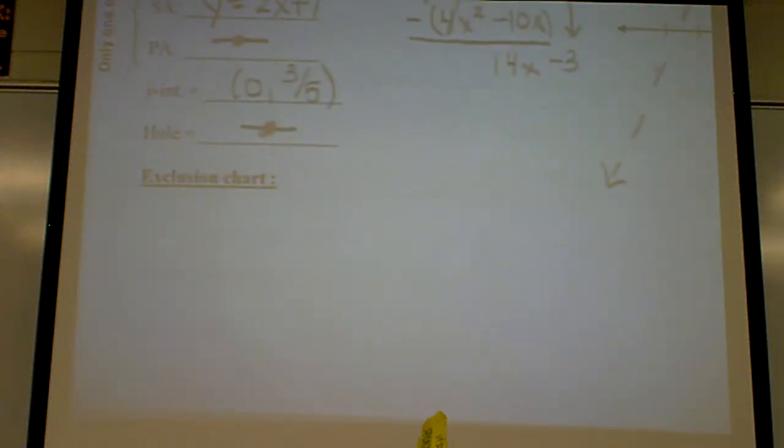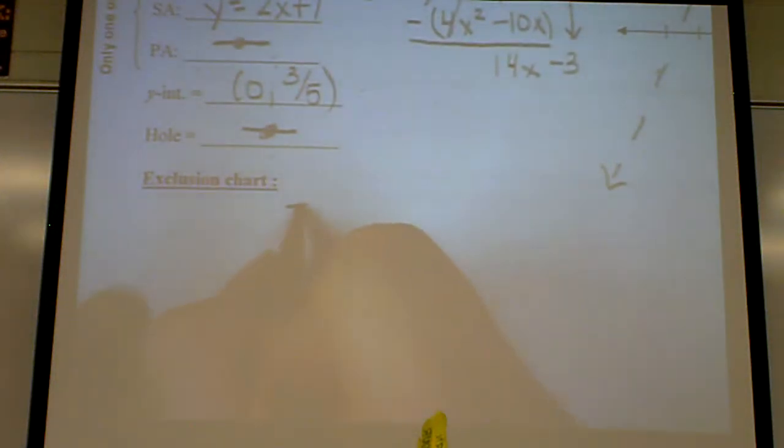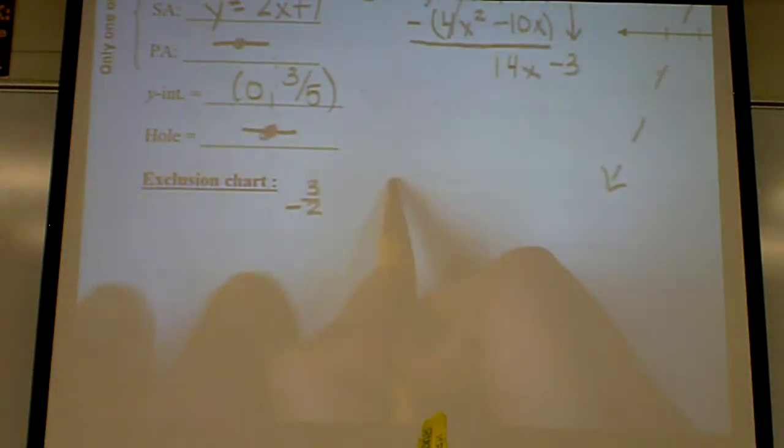Alright, let's do our exclusion chart. My critical values are -3/2, 1/2, and 5/2.